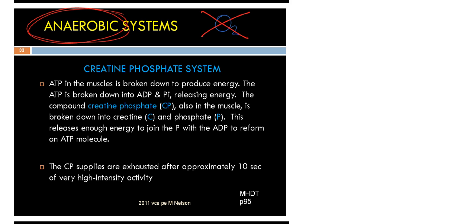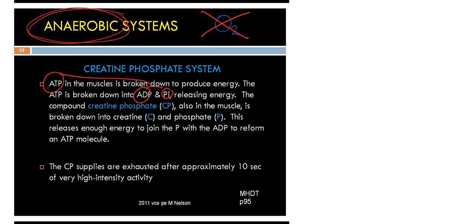The compound creatine phosphate, also in the muscle, is broken down into creatine and phosphate. Now the energy that's released when the creatine and phosphate split releases enough energy to rejoin the inorganic phosphate with the adenosine diphosphate to resynthesize ATP.